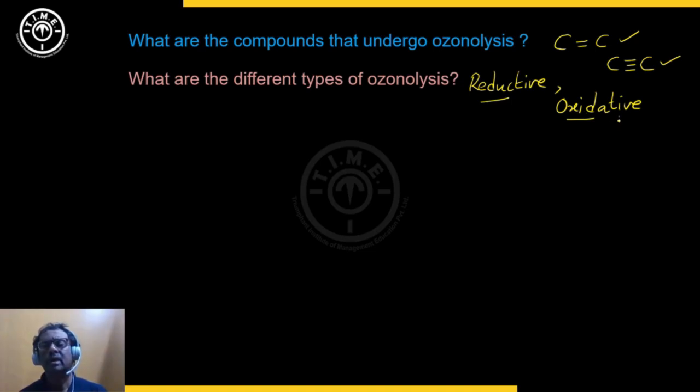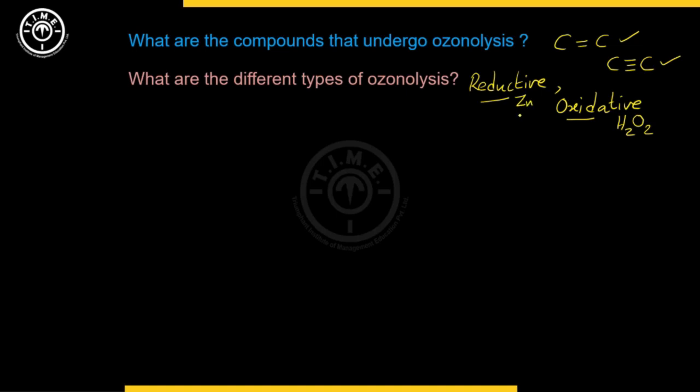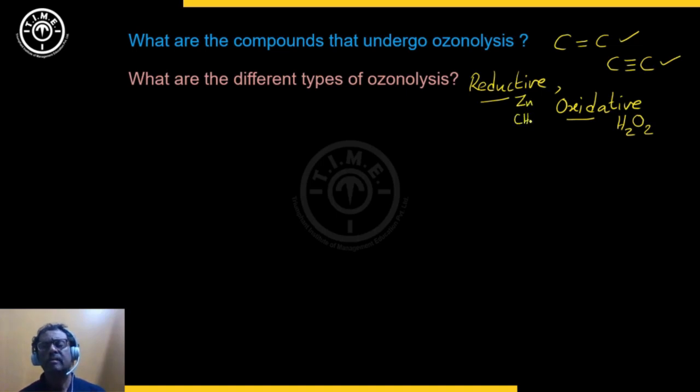We said that in oxidative, we use H2O2, which is an oxidizing agent. And in reductive, we commonly use zinc acetic acid, or methyl sulfide. Methyl sulfide can also be used instead of zinc for reductive ozonolysis.